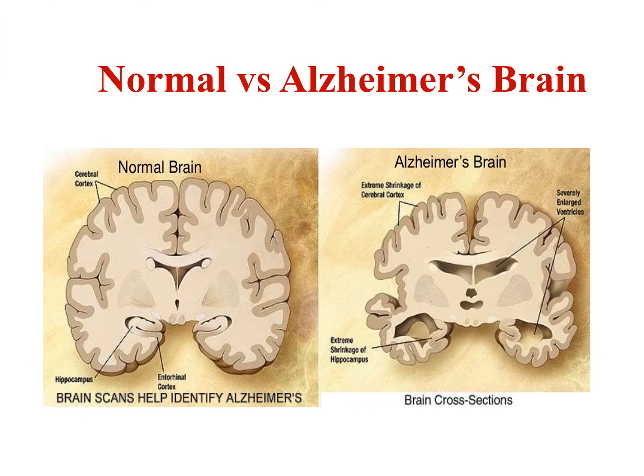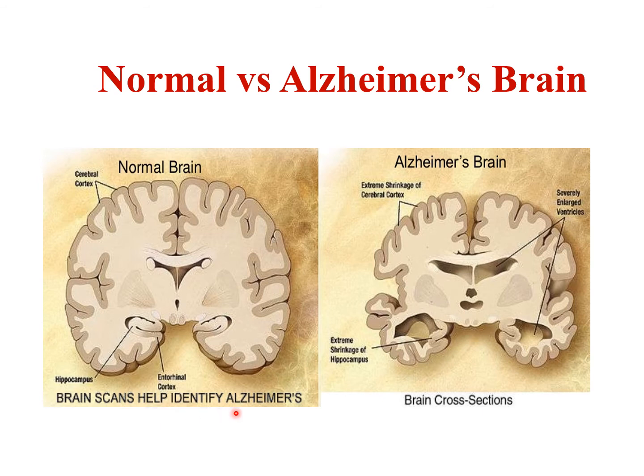So here again we are going to compare the brain structure of a normal person and a person affected with Alzheimer's disease. Here we can see that this is a representation of a normal brain, and this is the brain scanning results.